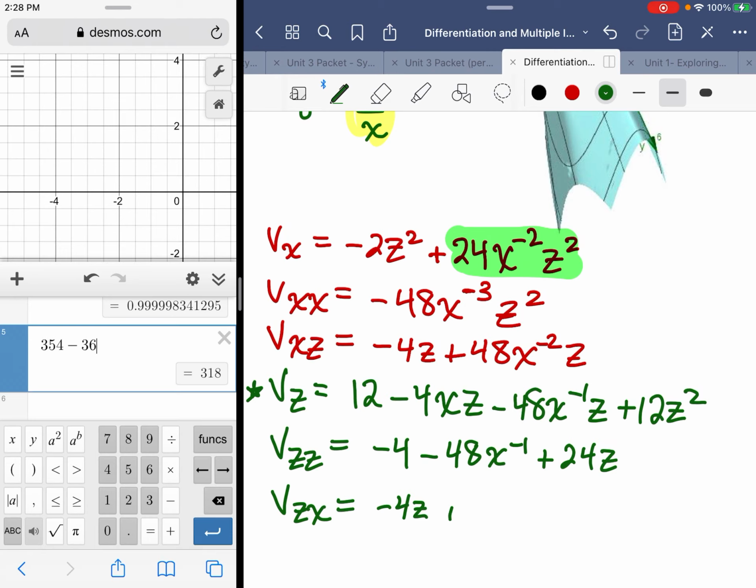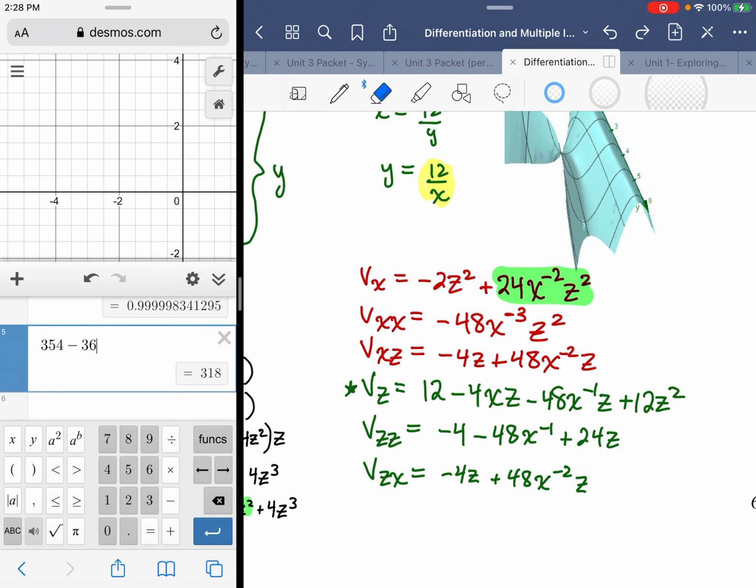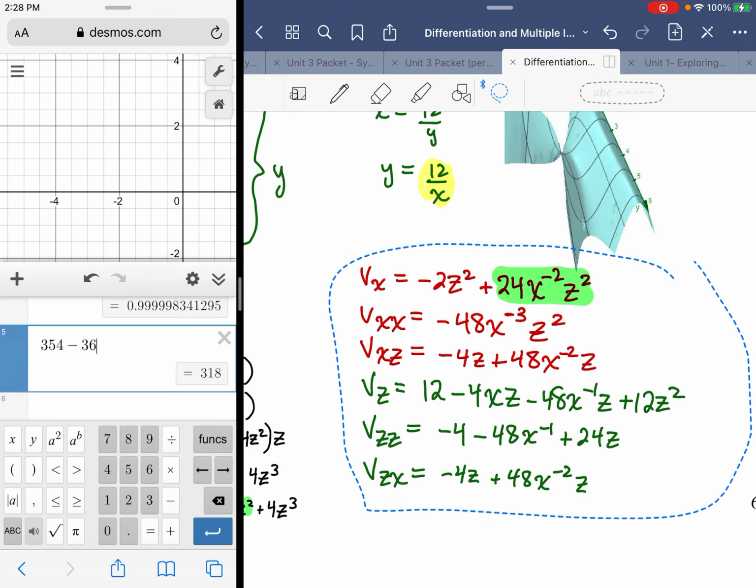Then I would have a positive 48x to the negative second z. And then anything with a z in it would go away. So I got what I got before, so I'm feeling pretty good about that. I'm going to shrink this down.